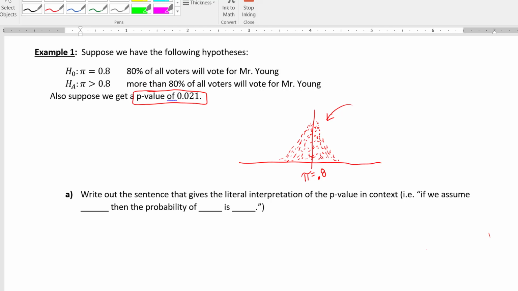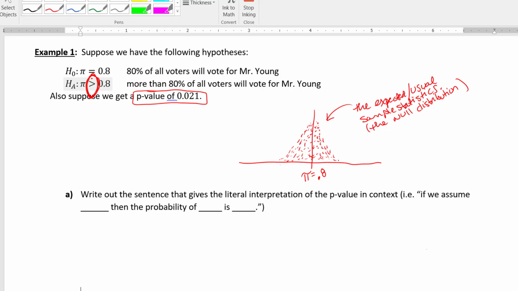So if it was true that 80% of all voters were going to vote for Mr. Young, and you went out in the world and collected a sample of voters, you would likely get a sample statistic slightly above 0.8 or slightly below 0.8. The next thing I know is that the alternative hypothesis is that pi is greater than 0.8.